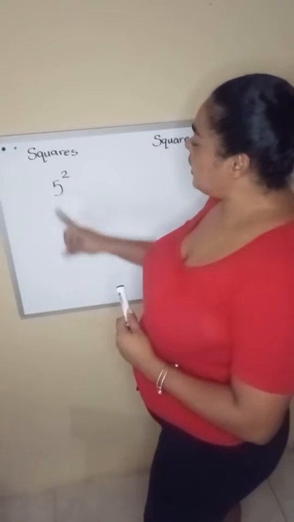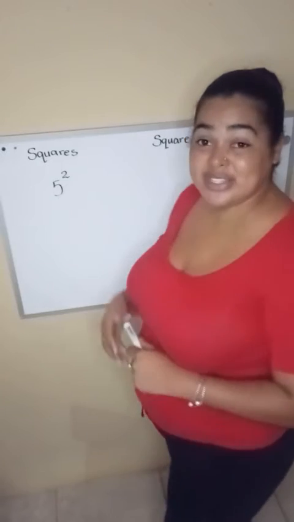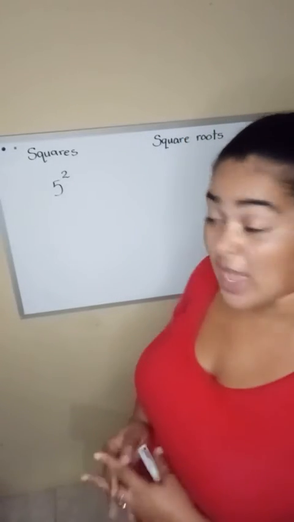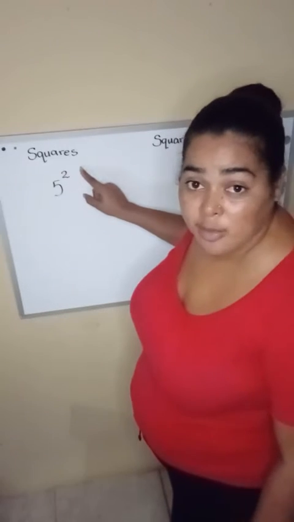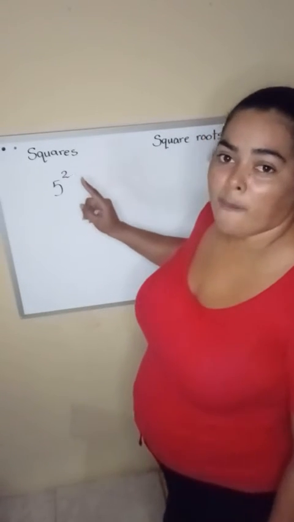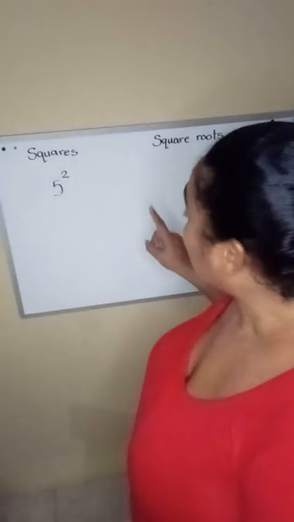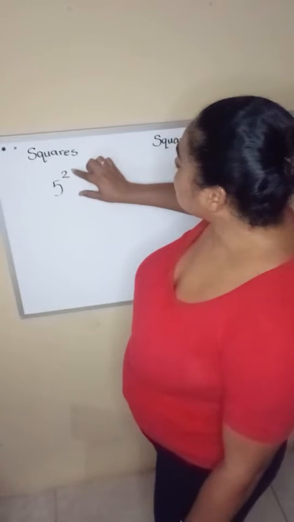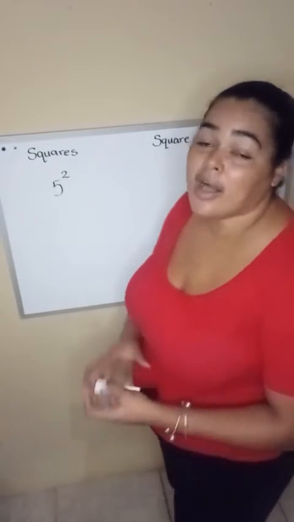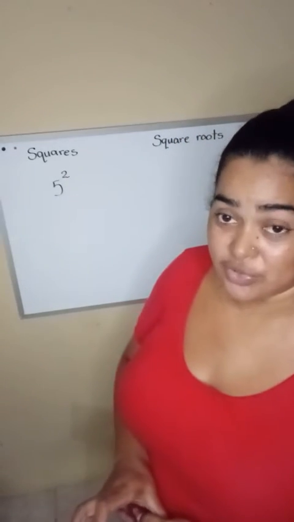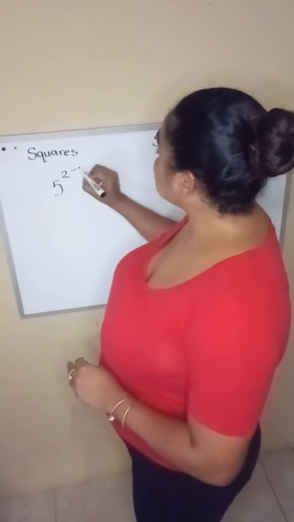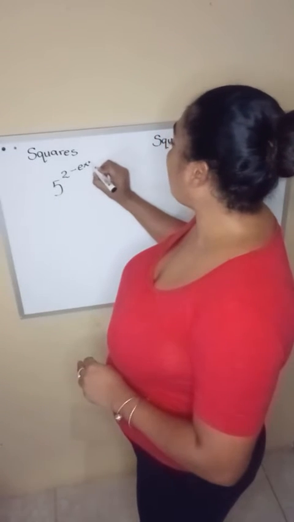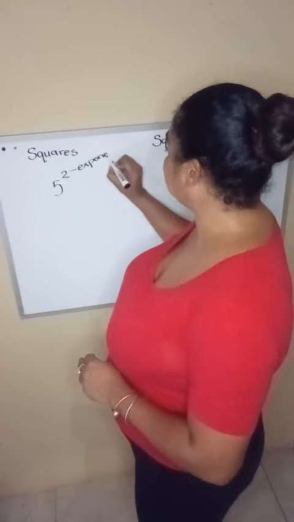Okay, let's look at this. Have you seen numbers that have a big number at the bottom and a teeny tiny number at the top? When a 2 is on top, we call that squares. Okay? Now, this 2 up here is called an exponent.